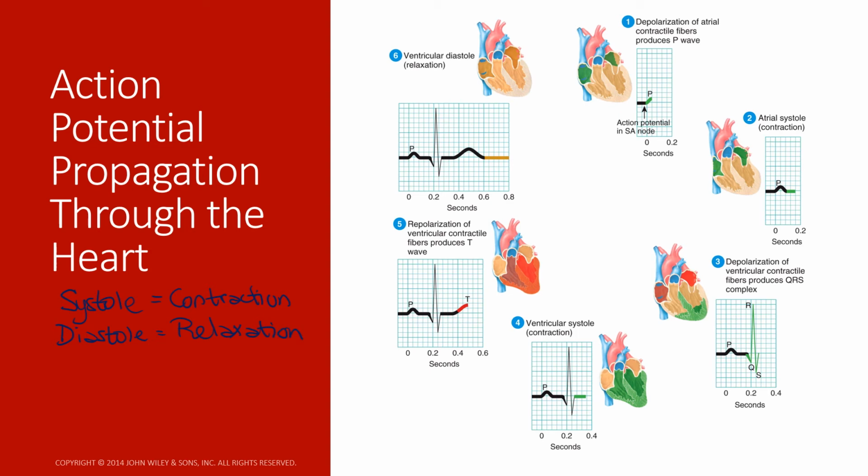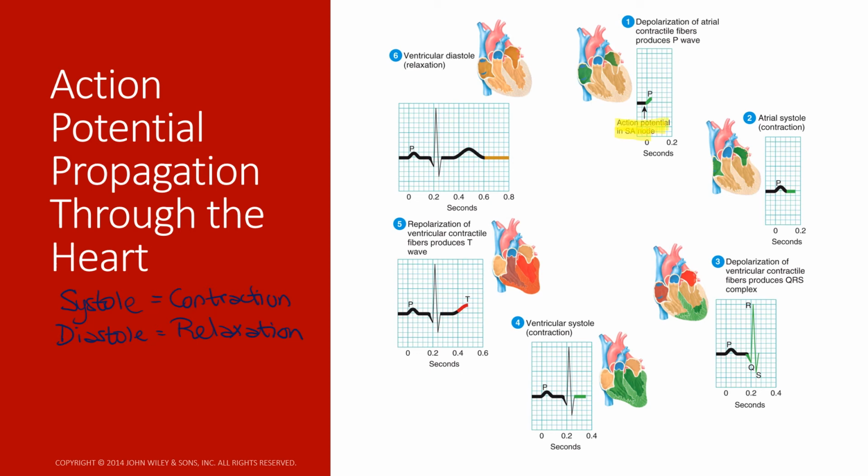So we have an EKG, and these waves are going to actually predict the timing of atrial and ventricular systole and diastole. So in this picture on the right here, we have a typical heartbeat. And we're going to start off with the cardiac action potential reaching the SA node.